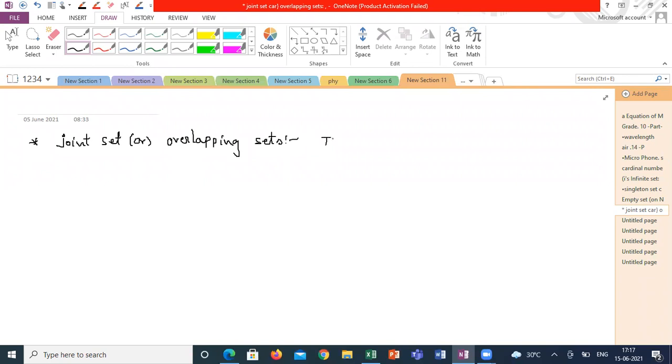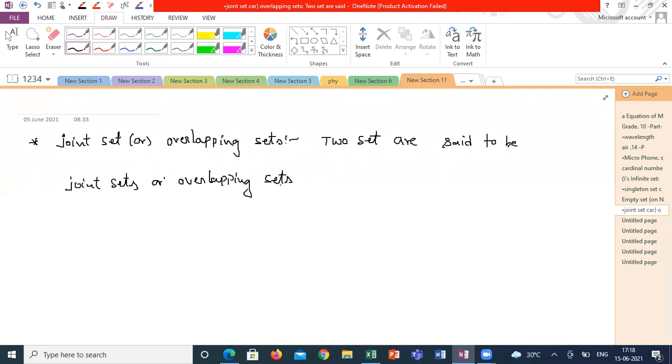Two sets are said to be joint sets or overlapping sets if they have at least one element in common.